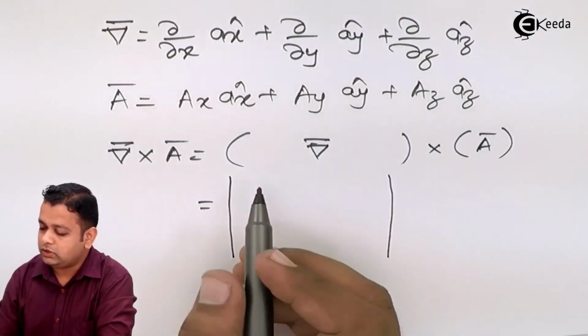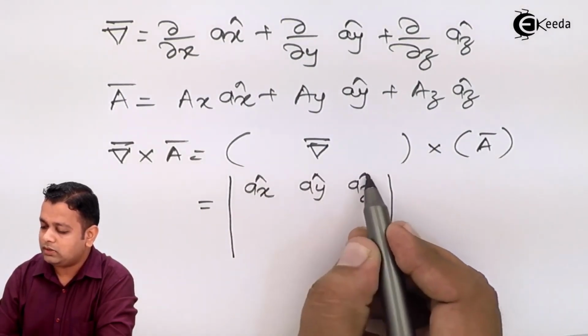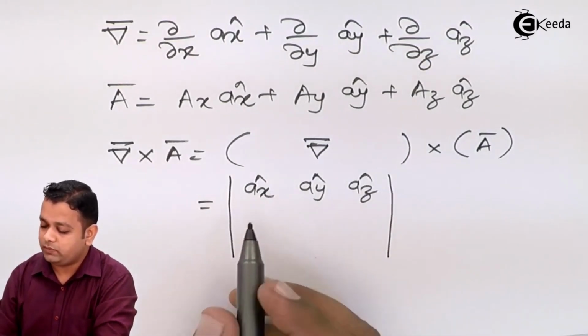The first row of this determinant has ax cap, ay cap and az cap, the unit vectors along x, y and z.